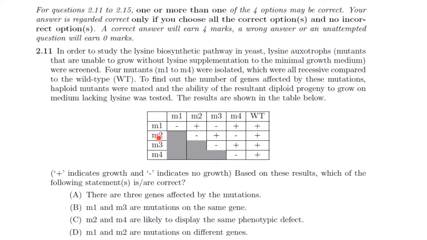So here also M2 with M1 will give a plus symbol only. Similarly, M3 with M2. See, we have chosen M3 here with M2 is a plus sign. So here also it will be a plus sign for M3 with M2.